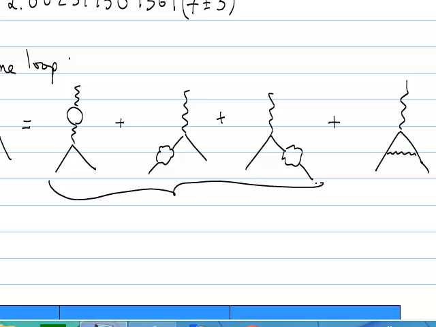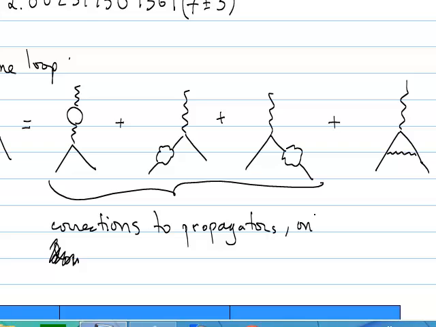So the first thing to notice about this is that these first 3 terms give you corrections to propagators. In the first case, a correction to the photon propagator, which we computed last week, and in the next 2 cases, a correction to the electron propagator. But because these only contribute to the propagator, they only contribute to F1.